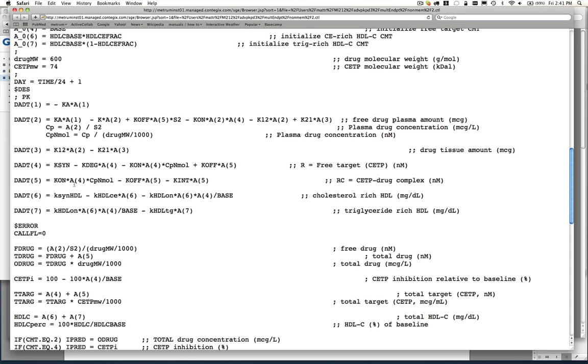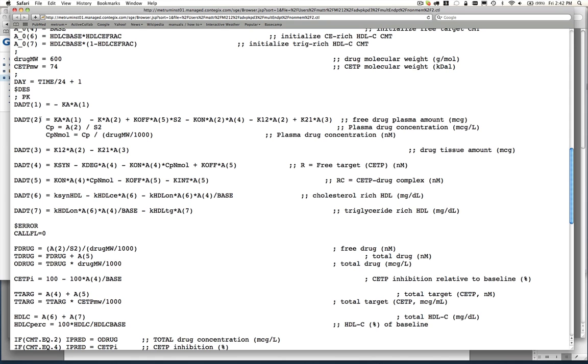So I guess just to think about this, when we're talking again about the CETP that's measured in this particular example, we're talking about total CETP, and so that's going to be the amount in 4 plus the amount in 5. When we talk about drug, we're talking about total drug, and so that's going to be the amount in 2 plus the amount in 5.